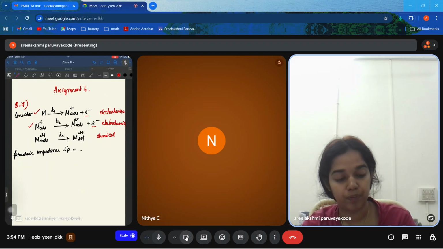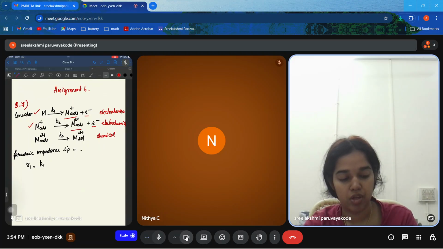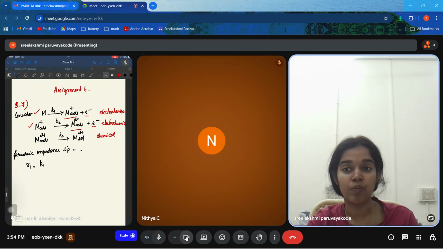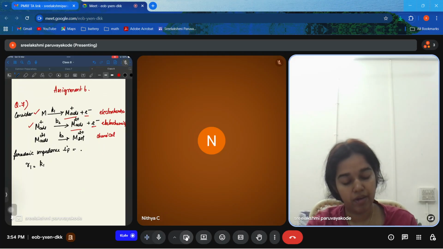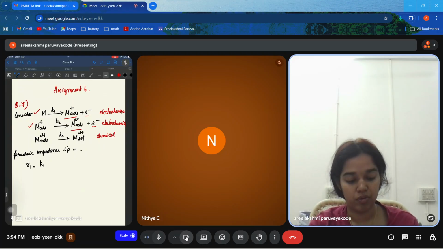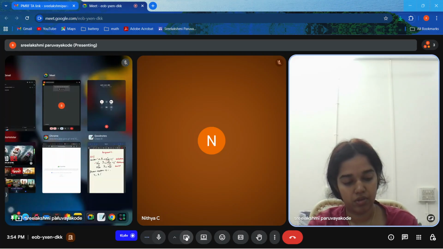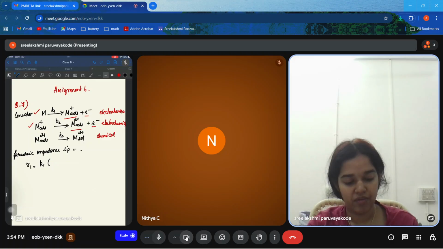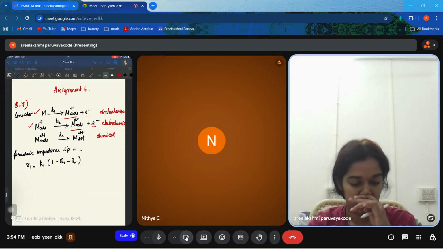So how do we do it? What is the rate of the first step? This is K1. So you see there are two adsorbed intermediates. Which are they? M+ and M2+. So here the fraction of sites occupied by the metal is obtained by subtracting theta 1 and theta 2 from 1. So the rate is K1 times 1 minus theta 1 minus theta 2.